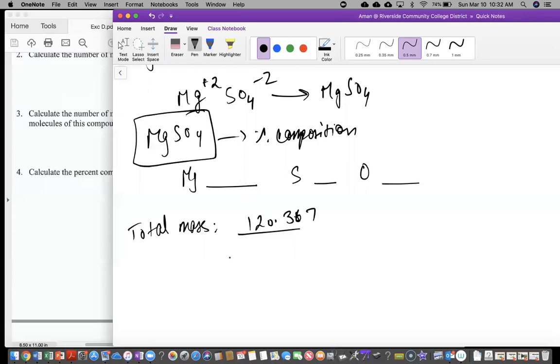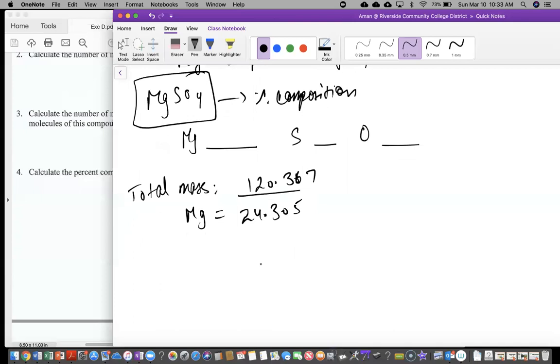And then magnesium is how much out of that? Magnesium is 24.305. And then for sulfur, 32.07.